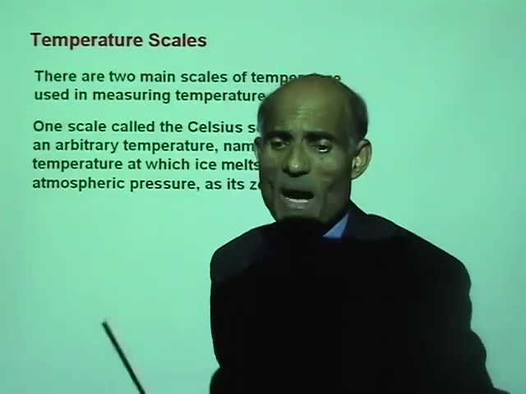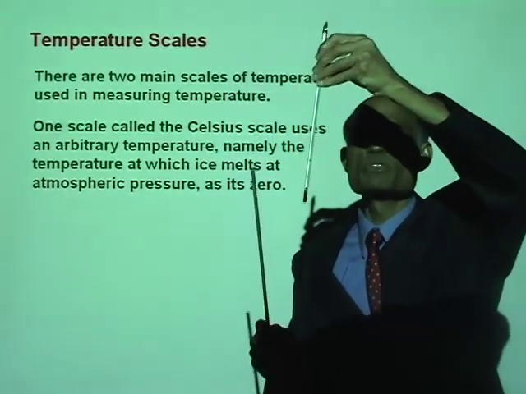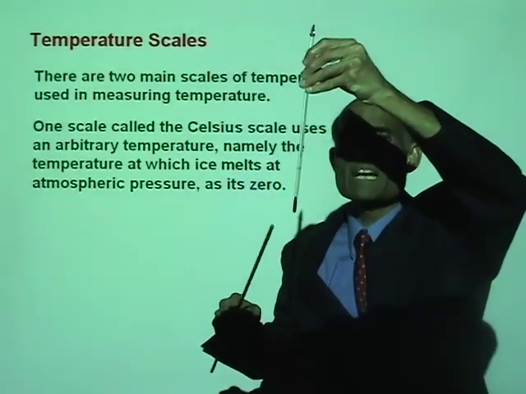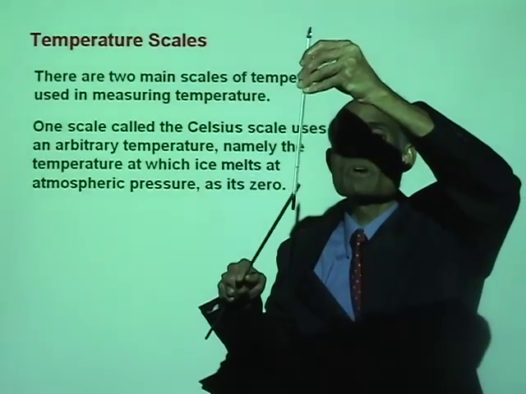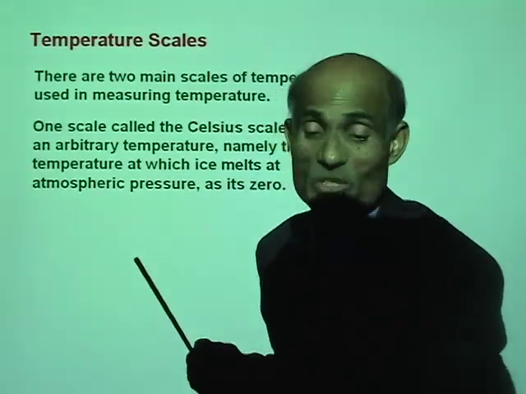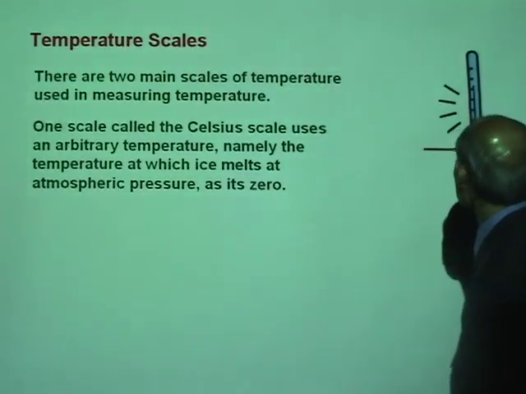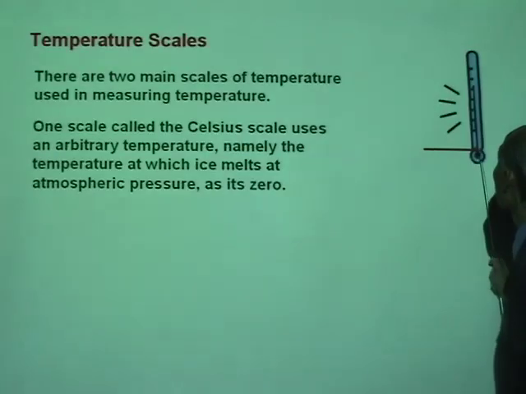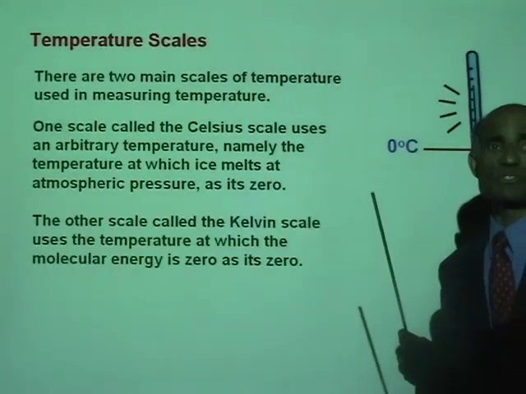So if you want to mark this thermometer using Celsius, what you need to do is put this thermometer in melting ice, mark the level of the mercury, and call that 0 degrees Celsius. Put this inside melting ice and mark the level, that will be 0 degrees Celsius.